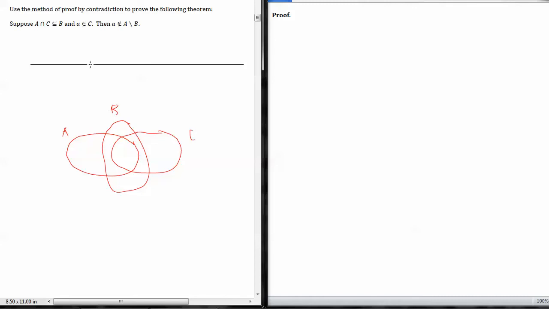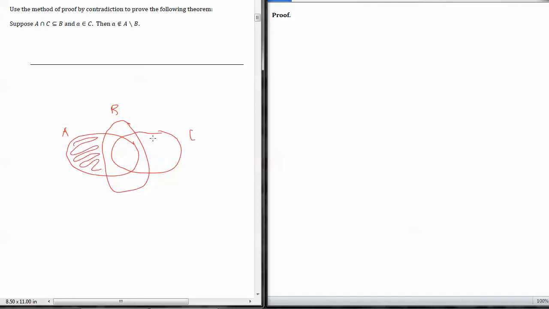And then we're also assuming that A is in C, so it's somewhere in this set here. And we're supposed to conclude that A is not in A minus B, which are all the elements which are in A and not in B. And so A minus B would be something like this. I feel like I'm in kindergarten trying to color in between the lines.